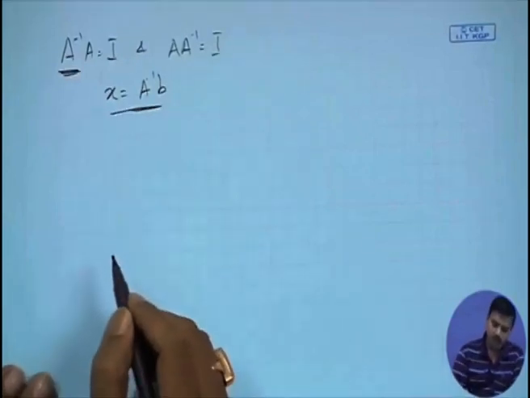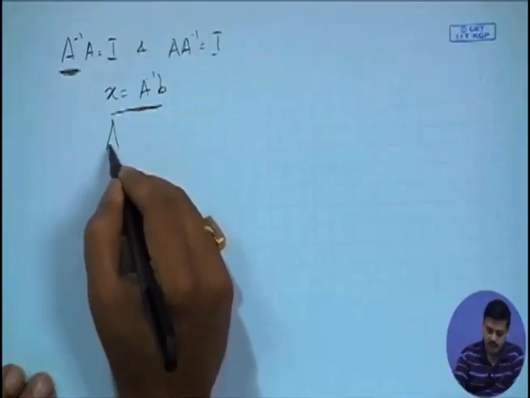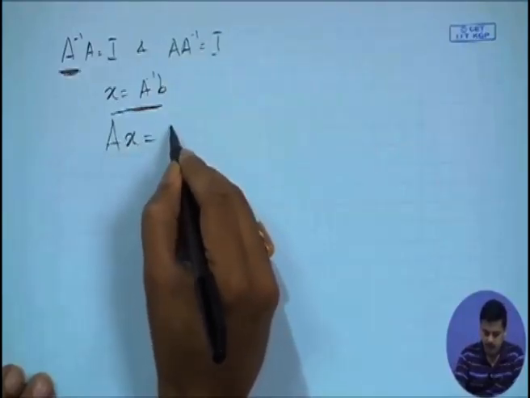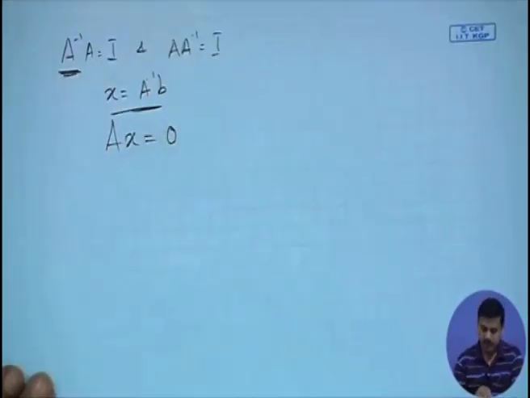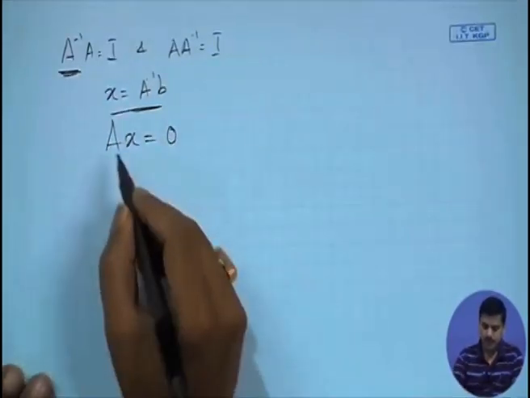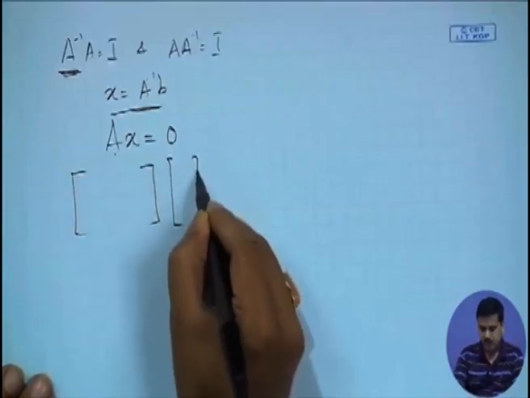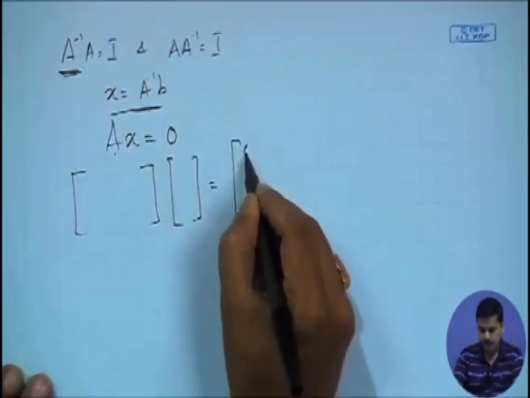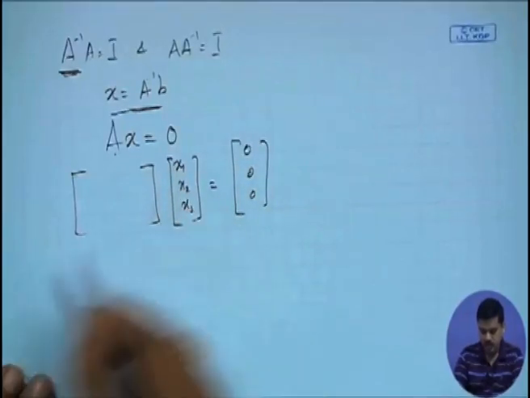So that's very true. And now suppose I take this equation that Ax equals 0 instead of Ax equals B. This is a very particular case. Just try to understand this. If we have A as a matrix, and x1, x2, x3, right?